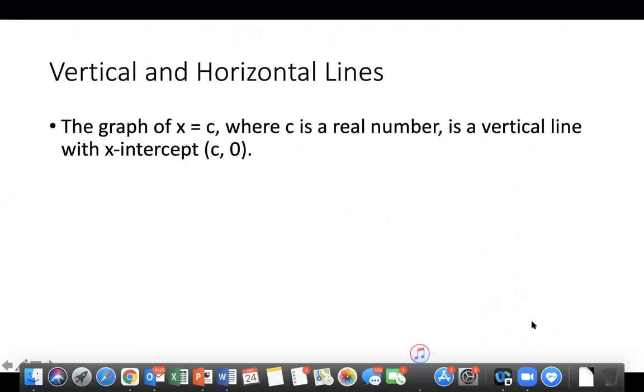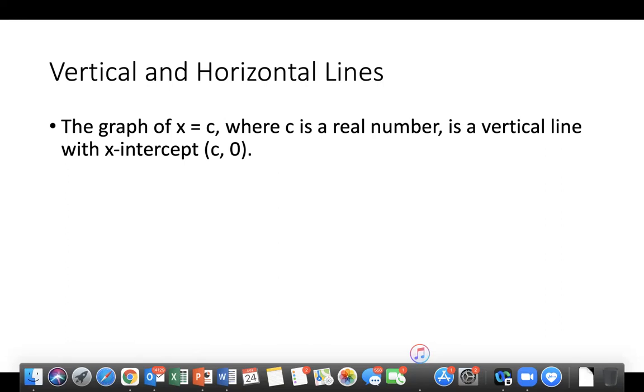The graph of x equals c, in other words, x equals a number like x equals -1, is a vertical line with x-intercept c, 0. Vertical line with x-intercept c, 0.